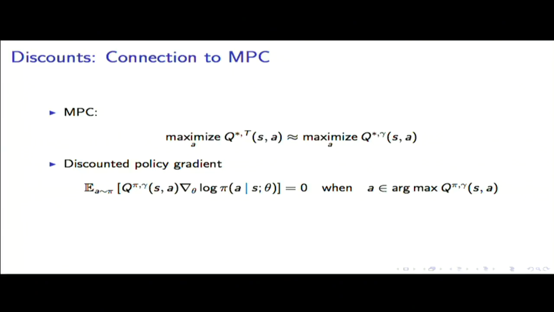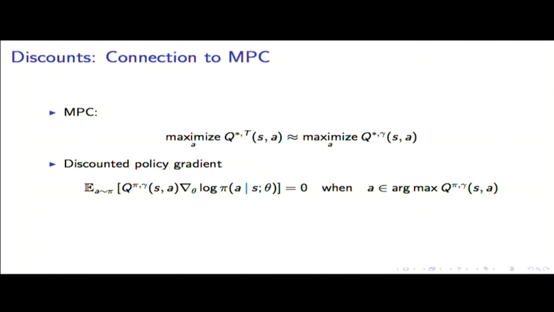It's just a question of whether you use a hard cutoff for the time horizon or a soft cutoff, which is a discount factor. So what MPC is doing is taking the optimal discounted value function Q star, and choosing the optimal action according to Q star.